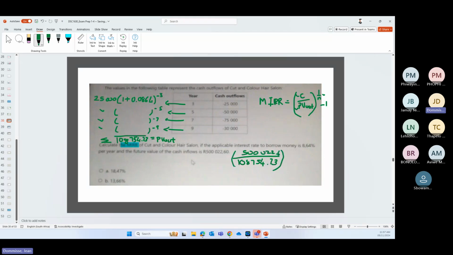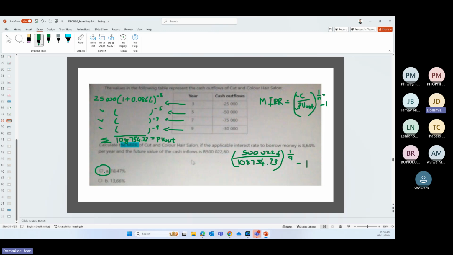That we will put in the formula. It's 1/9 minus 1, and we will get an answer. Okay, so here option C, D was cut off, but our final answer then would have been option A.